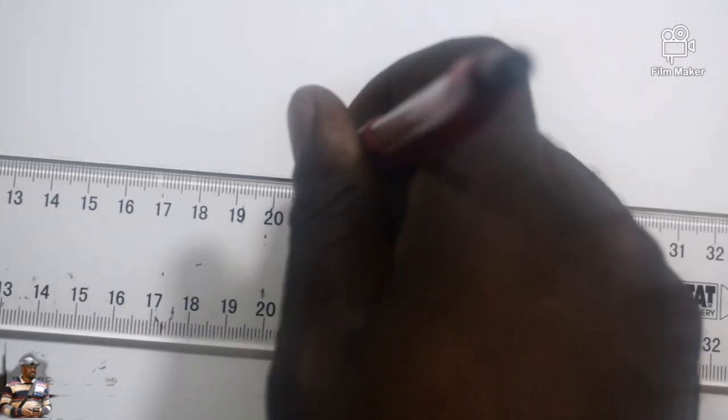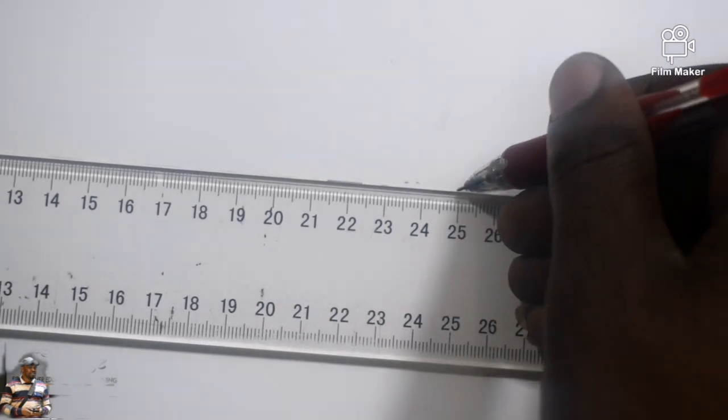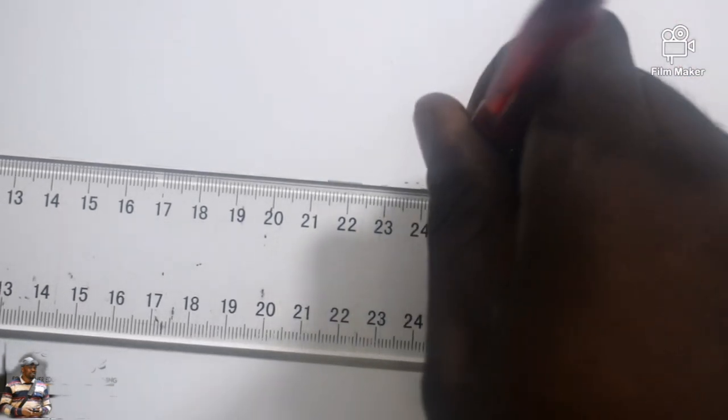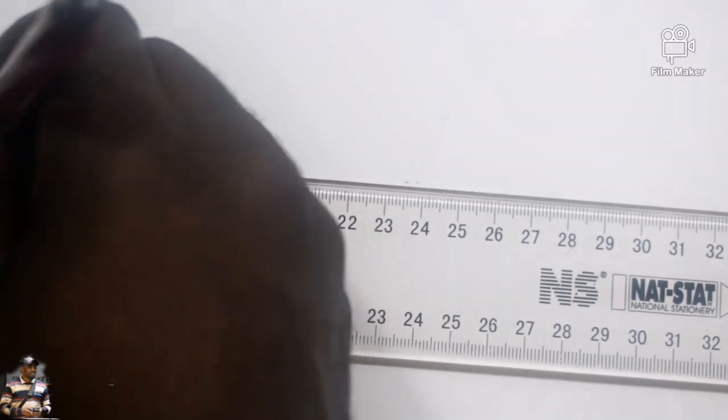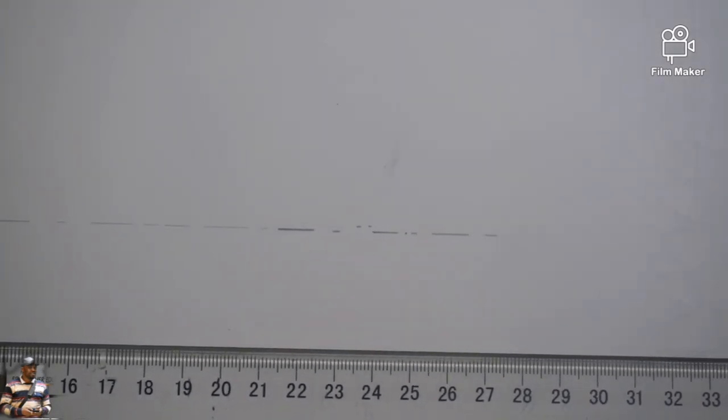I'll draw this faint line, this horizontal faint line of mine. I hope you can see it.